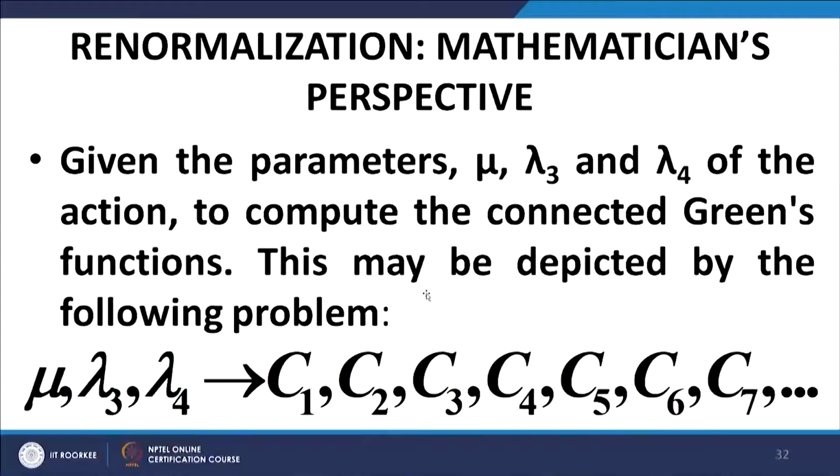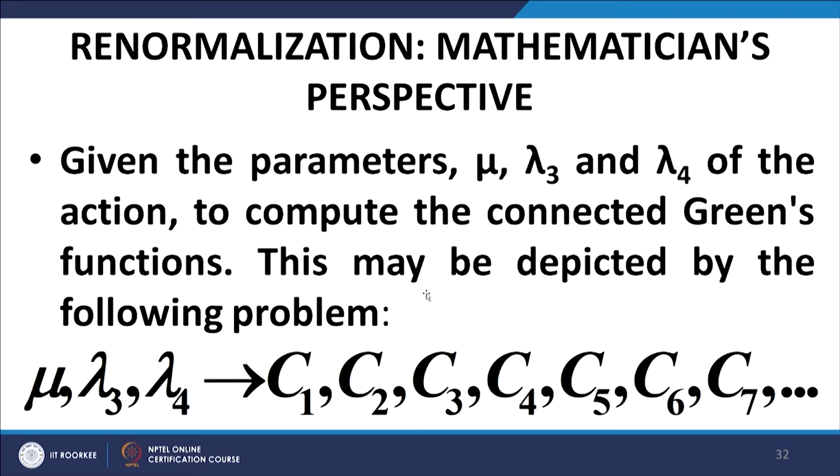So, let us look at the mathematician's perspective of what we try to do in quantum field theory, and what we have tried to do so far in the context of perturbation expansions for finding out the green functions and connected green functions of the theory. The mathematician would view it as you are given certain inputs.